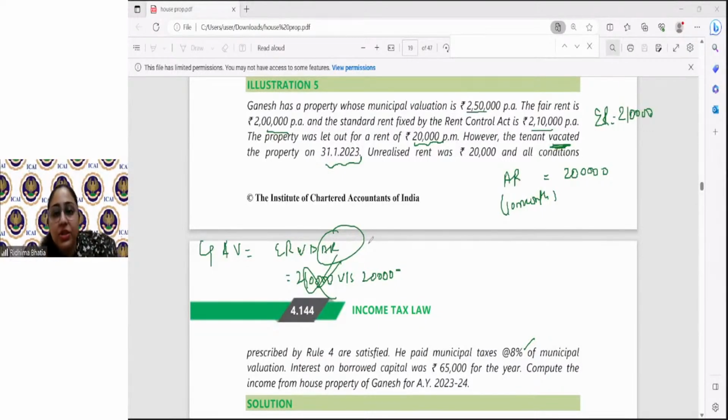Actual rent would have been the GAV. So in this case, just because of vacancy only the actual rent is getting lower than the expected rent. So my GAV here would be actual rent, which is equal to 2 lakh.